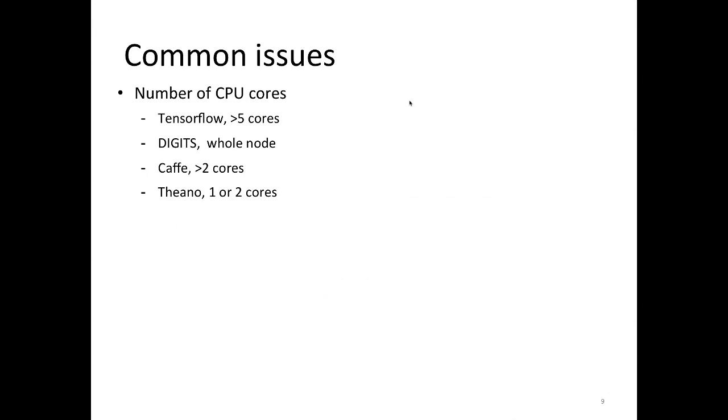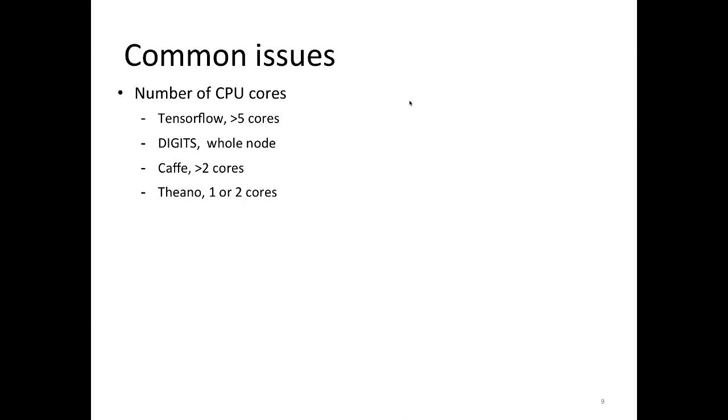So when you submit a DIGITS job, you probably ask for all the cores on the node. Caffe can use like 2 cores, one for training, another one for loading and pre-processing the data.